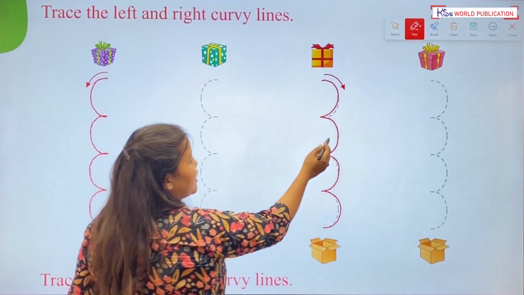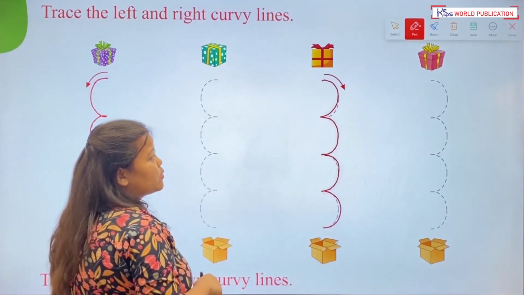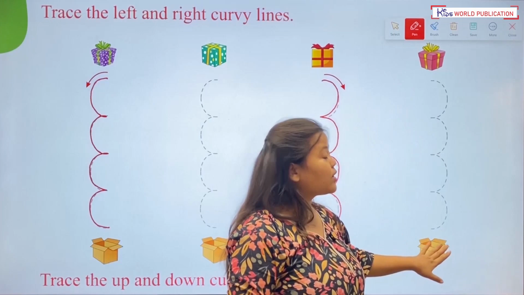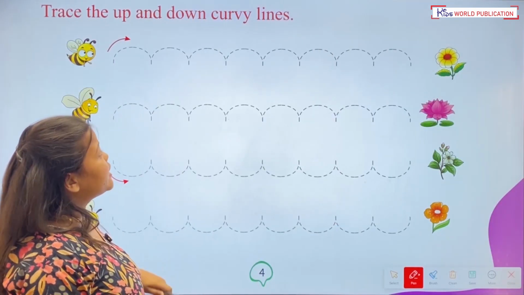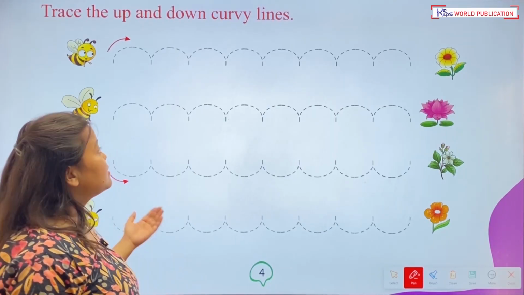This is the curvy line from right to left. So, you will do the same to complete the rest of the line. Trace the up and down curvy lines. Let's trace the curvy lines.